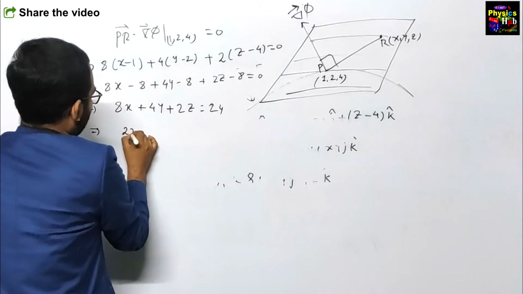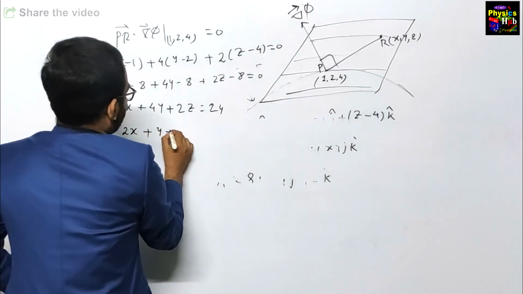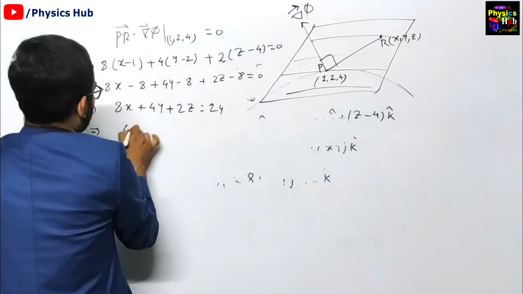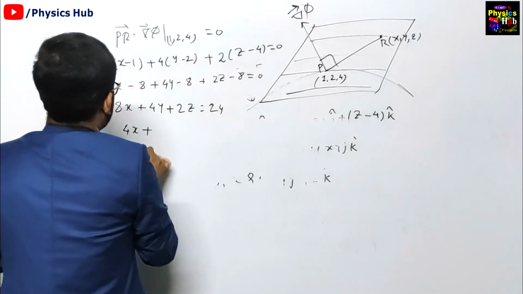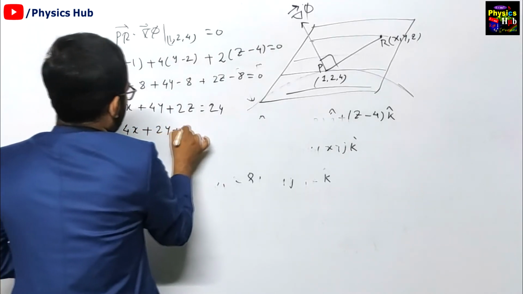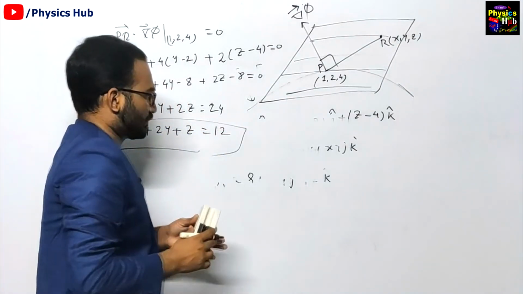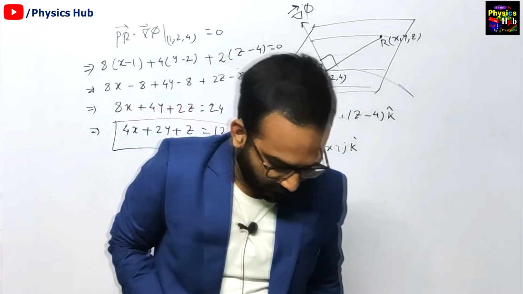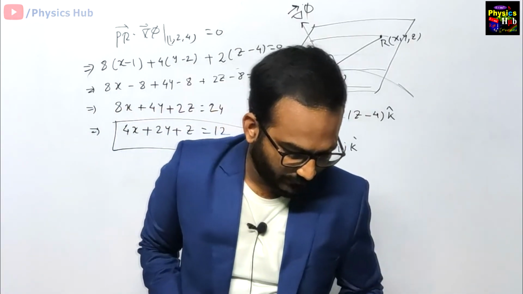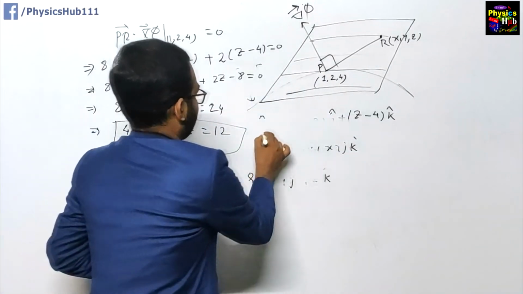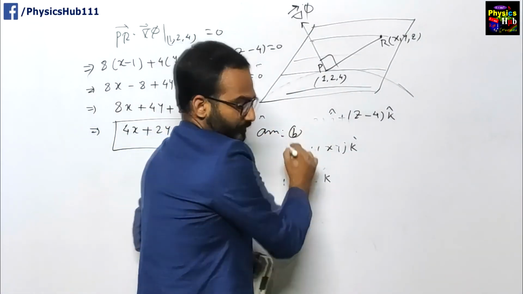We can take 4 common, sorry, we cannot take 4 common, rather we should take 2 common. 4x plus 2y plus z equals 12. So we are getting this equation, 4x plus 2y plus z equals 12, which is matching with option B. So option B is the correct option for this question.